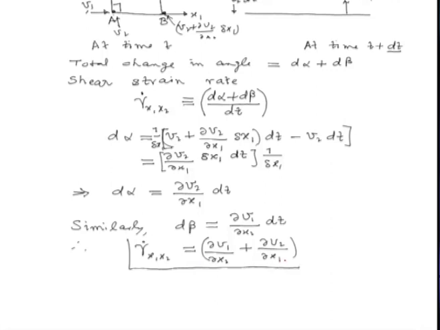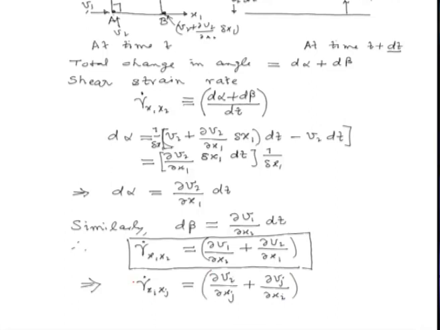In fact, we can now generalize it for any pair of the directions, that is we can write gamma dot xi xj as del vi over del xj plus del vj over del xi. So, this is the expression for the rate of shear along two mutually perpendicular directions.